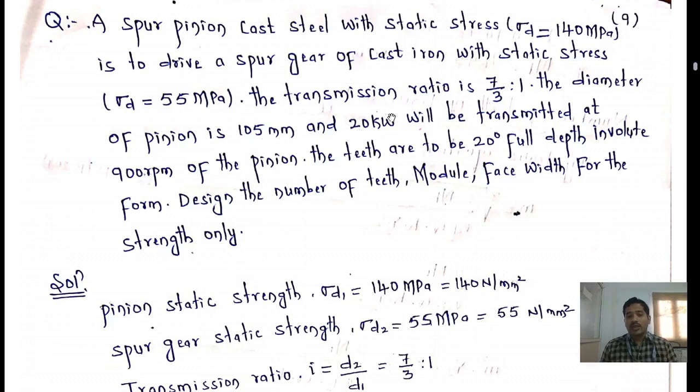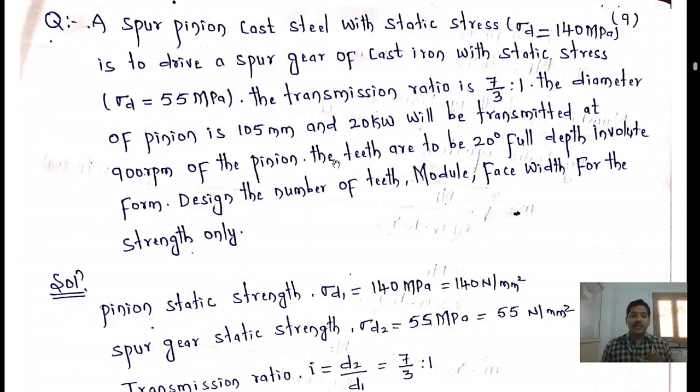So here 20 kilowatt power is required to be transmitted by the pinion at a speed of 900 rpm. The teeth are to be 20-degree full depth involute form. So design the number of teeth.